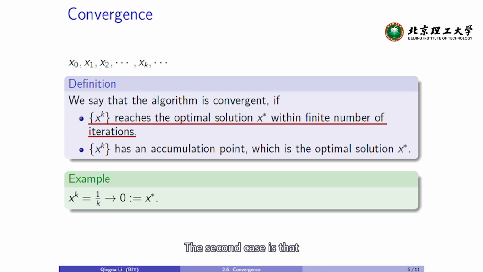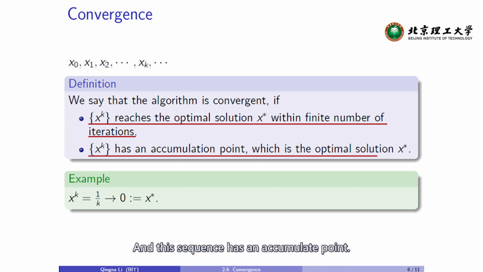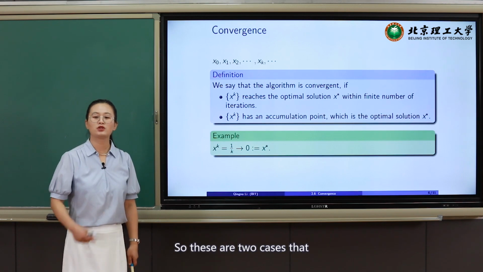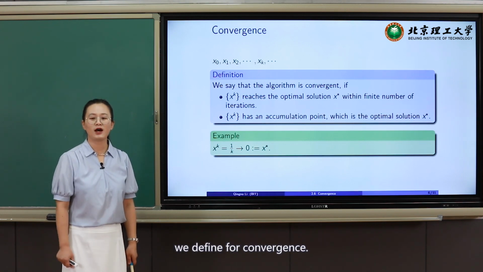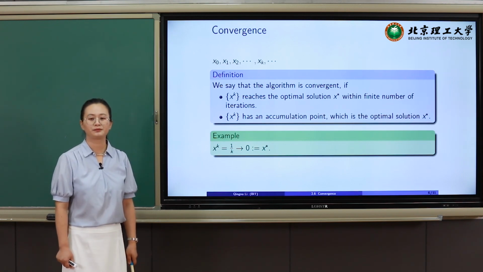The second case is that the iteration is infinite and the sequence has an accumulation point. If the accumulation point is an optimal solution of the problem, then we also call this sequence convergent. These are the two cases that we define for convergence.